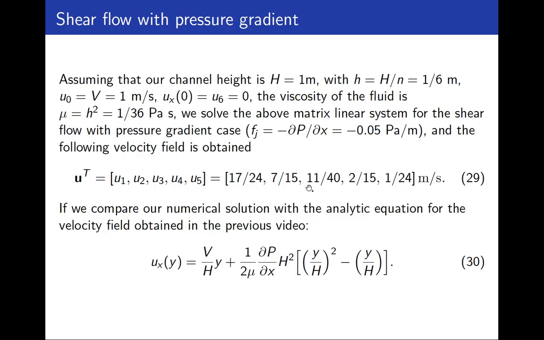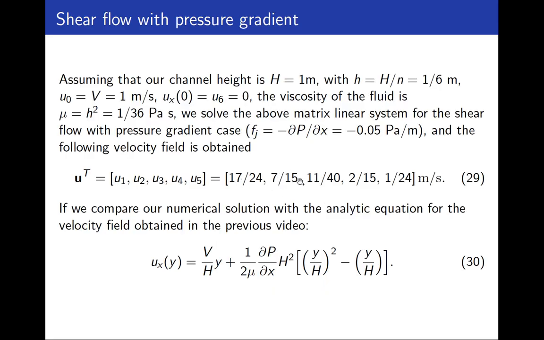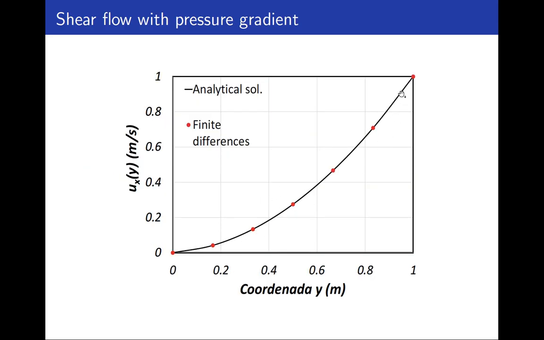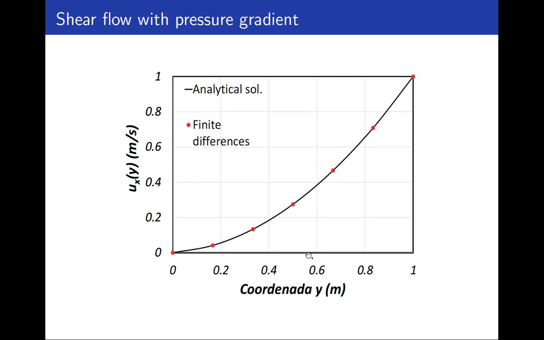Then we compare this solution with the one obtained from solving the Navier-Stokes equations. This is the comparison. The red points represent the numerical solution, and this curve is the analytical solution. So this is how we apply finite differences to solve fluid mechanics problems.